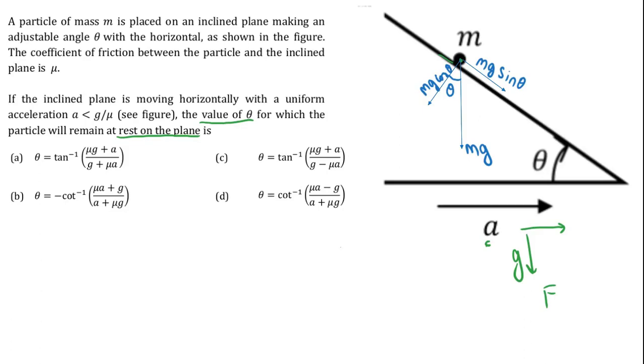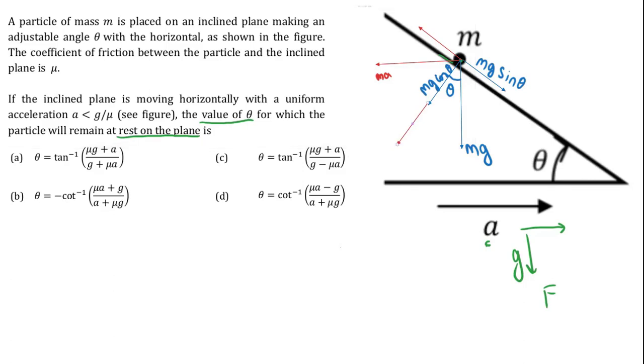Now we have an acceleration here that goes forward, which means the force it provides will try to push the body this way. So this is the acceleration. We'll write ma here. Again, we have to resolve this into two components, one on the plane and another one perpendicular to the plane that will be added to the gravitational force here.